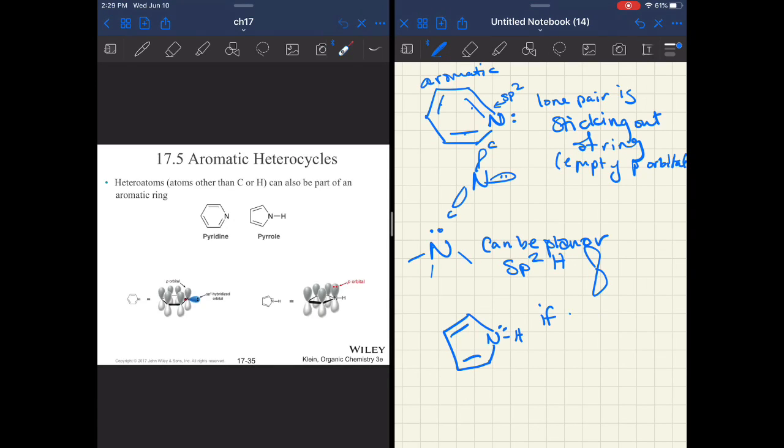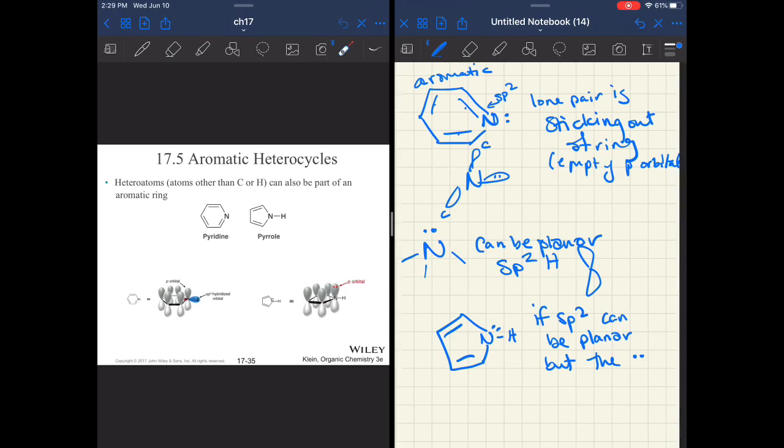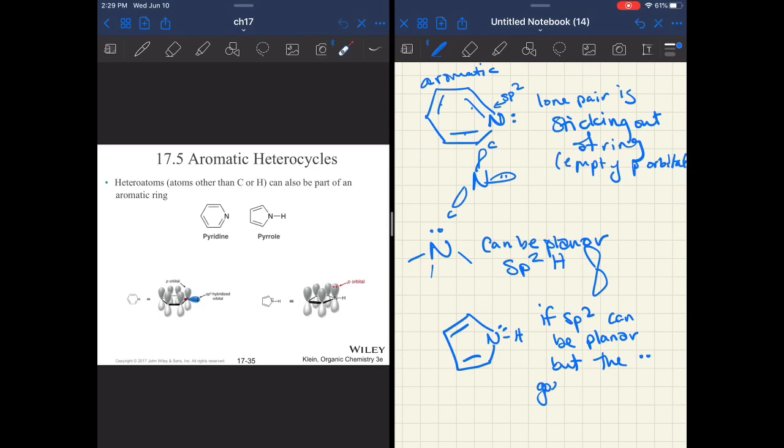So if we make it sp2, it can be planar, but the lone pair goes in the pi cloud. So there's a p orbital here. That's where your lone pair is. And then, of course, there are p orbitals on each carbon of the double bond. So rule 1 is checked.